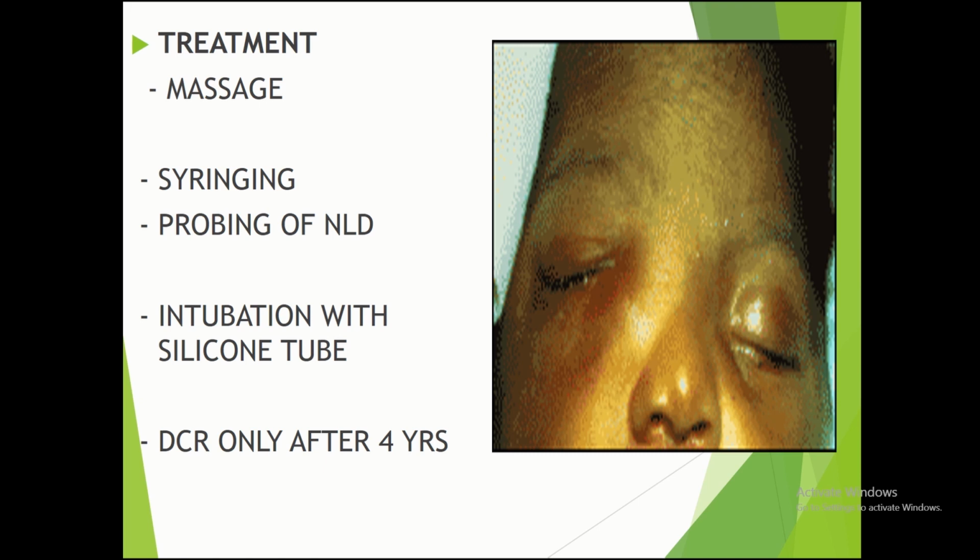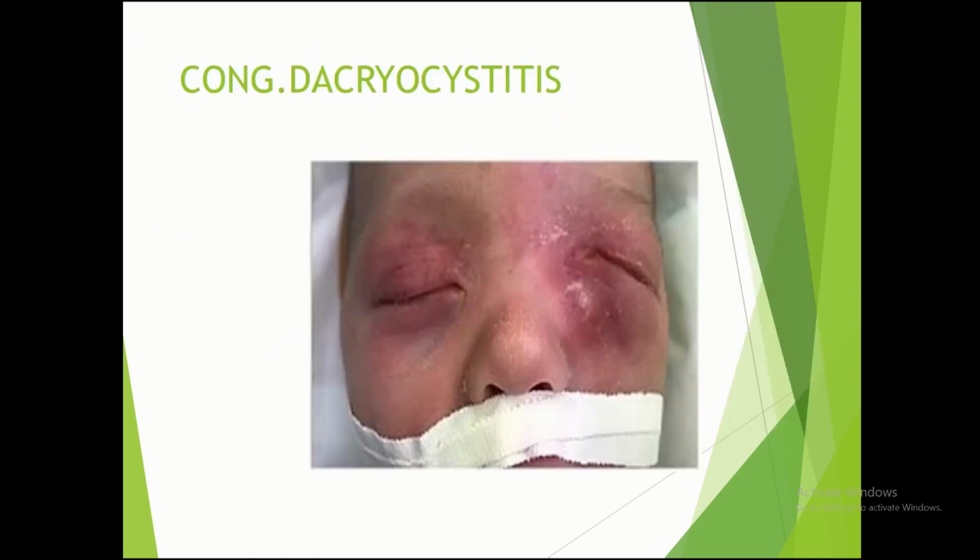And if there is a problem, then you can do an intubation with a silicone tube to allow drainage of the tears, and a dacryocystorhinostomy can be done after 4 years of age, because the facial bones have to develop well. So this is a picture of congenital dacryocystitis.